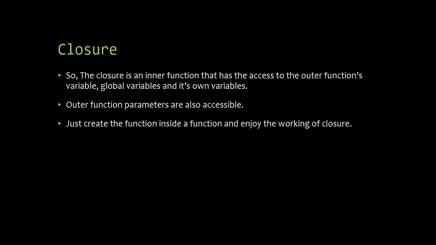So now all you have to do is create inner functions and try to access the global variable, the local variable and the parameters of the outer function, in order to make better use of closure in JavaScript. Just go ahead and create a function inside a function and enjoy the working of closure. So that's all. Thank you so much.